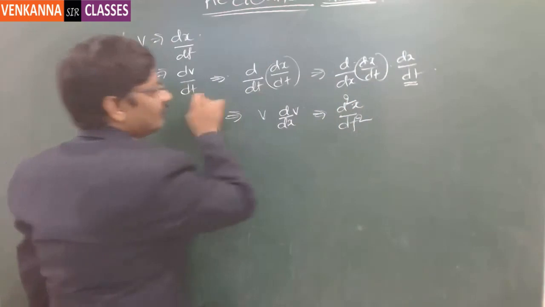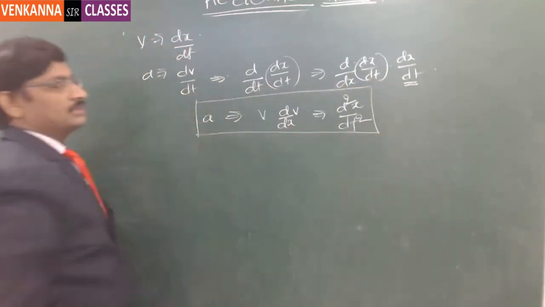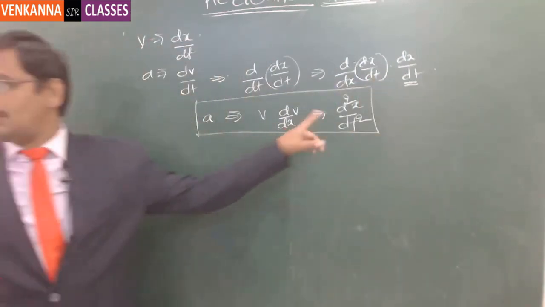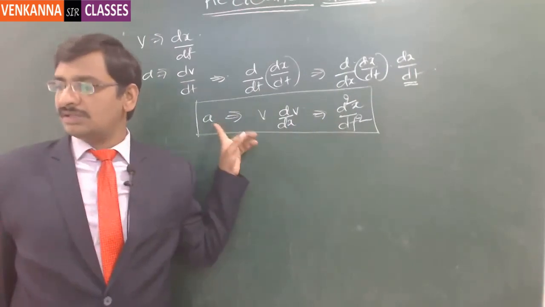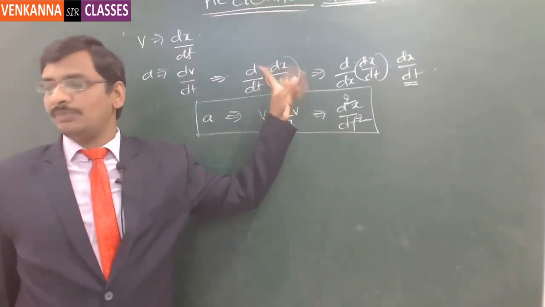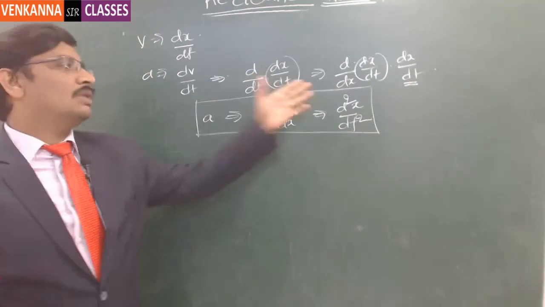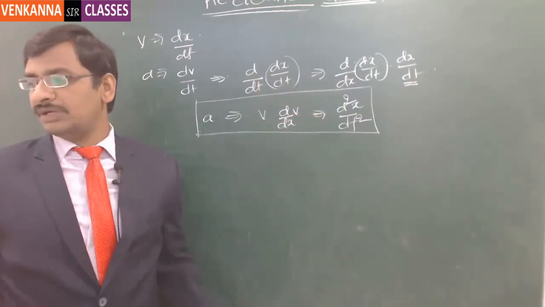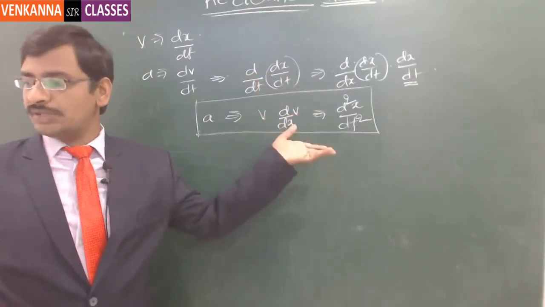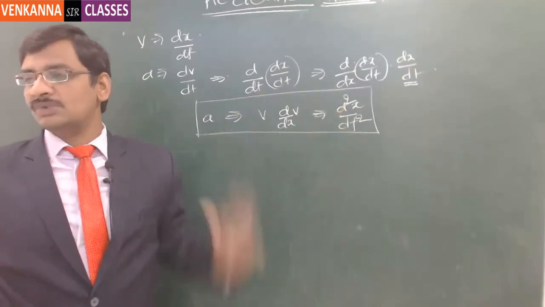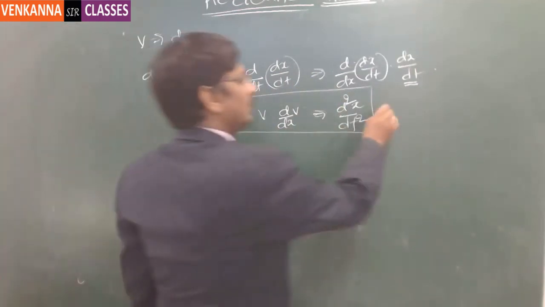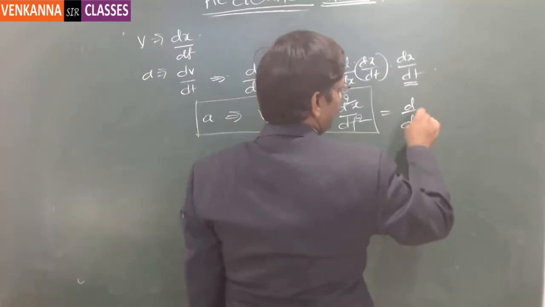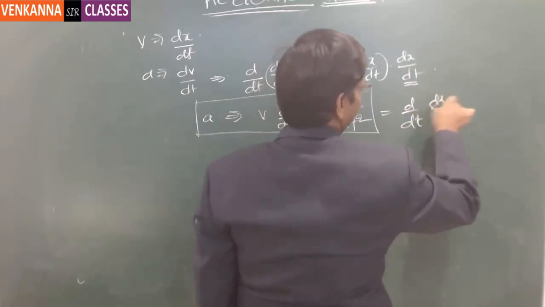As and when required, we will be using these relations. This came from the differentiation chain rule. Got it? v into dv by dx is also the acceleration. d square x by dt square is also the acceleration, or d by dt of dx by dt.